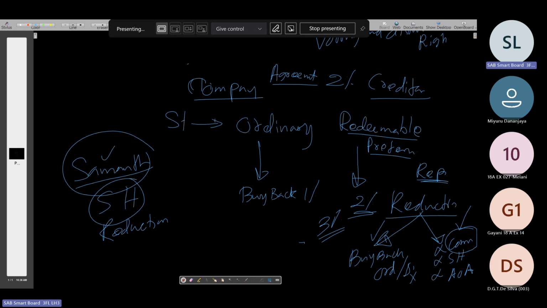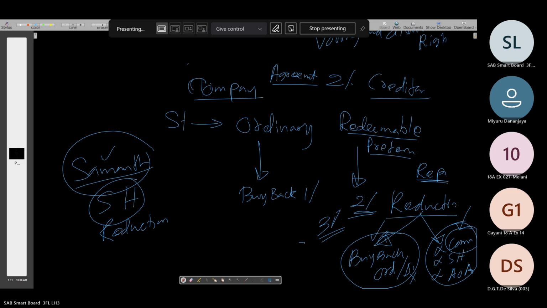That is reduction. Reduction means repurchase or redemption.